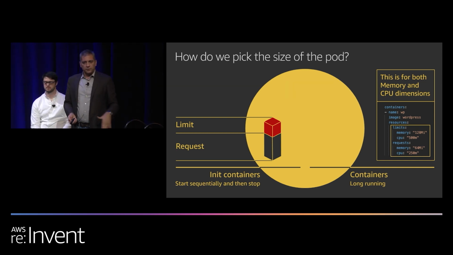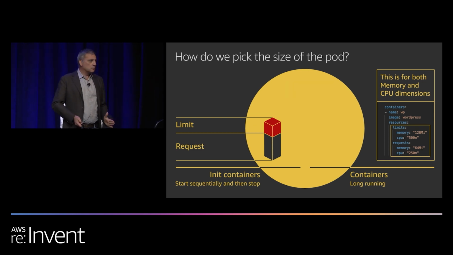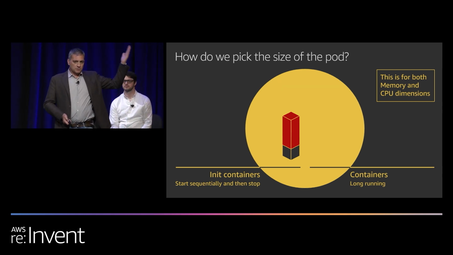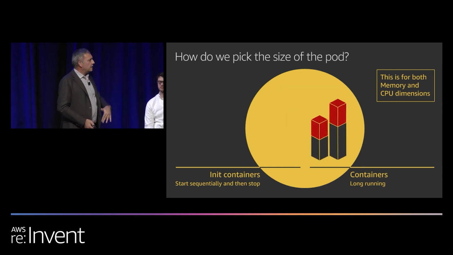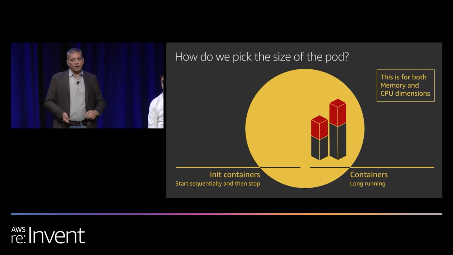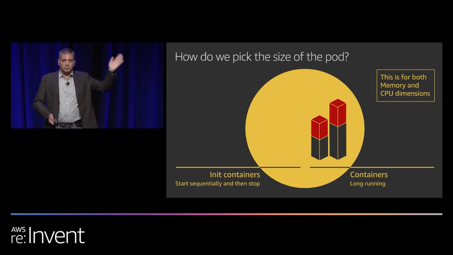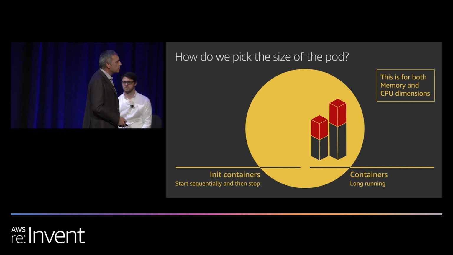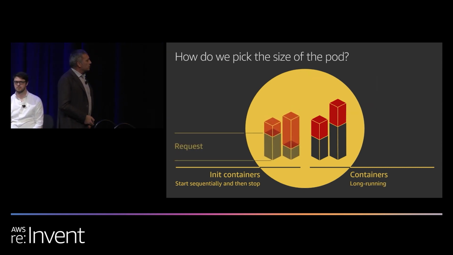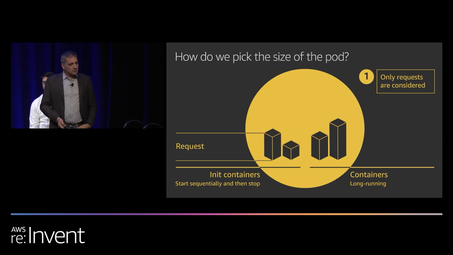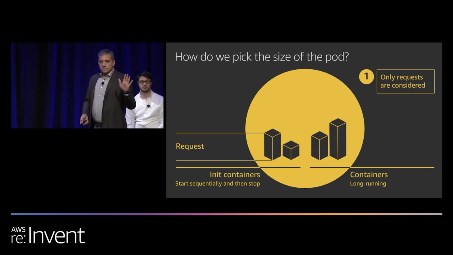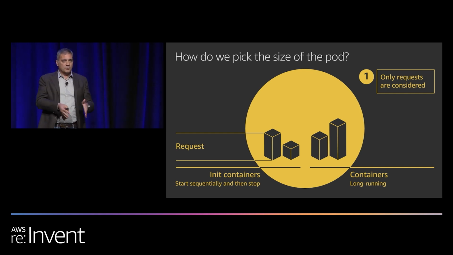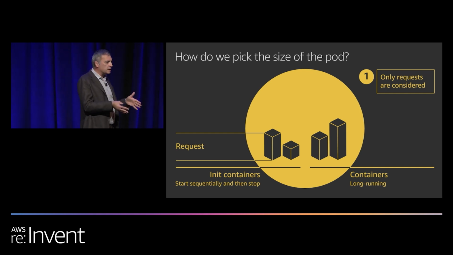These init containers come in and go, and then maybe there is another init container that starts and stops, and then there are maybe a couple of long-running containers. This could be 1, it could be 3, it could be whatever. Let's say that there are 2. So what do we do? The first thing is that we discard the limits. We only take into account the request, okay? How much a container needs to be able to run.